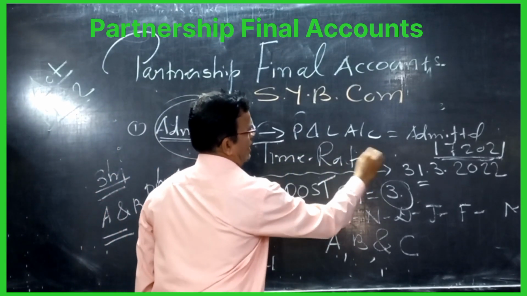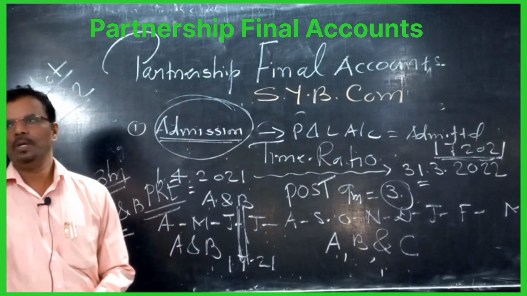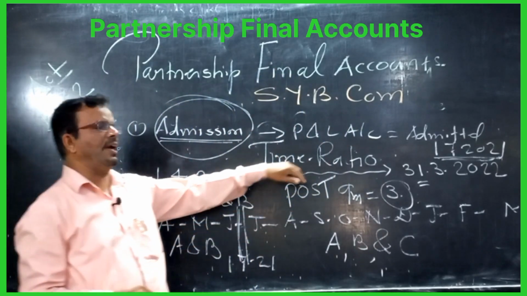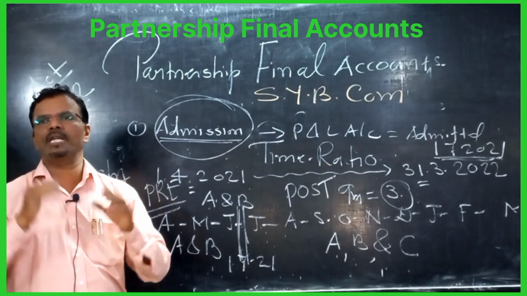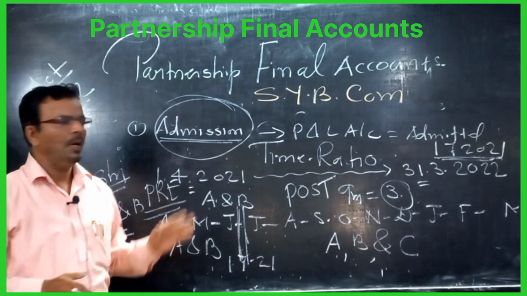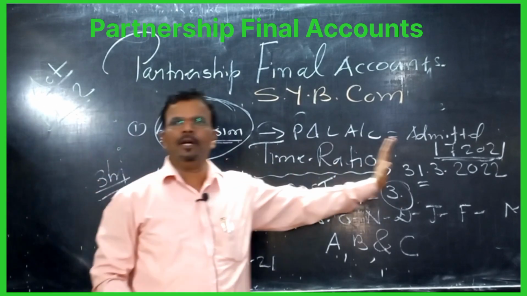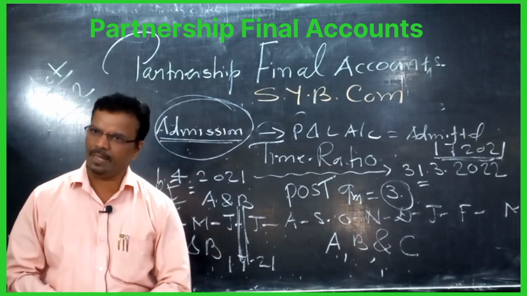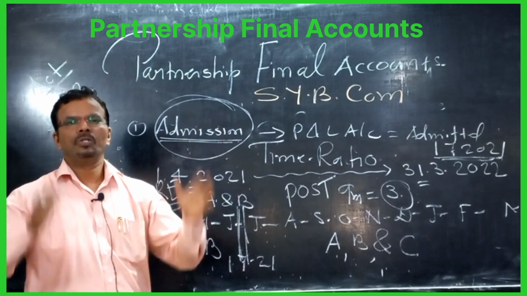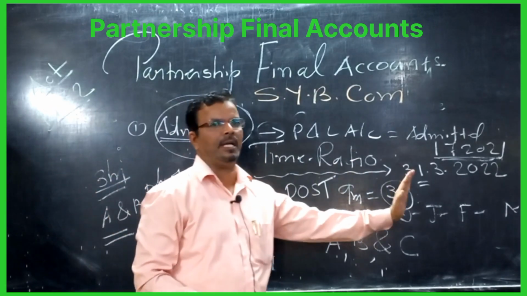So in each and every case we have to find out the time ratio, and this information is always given in the adjustments. The start of the year, end of the year, and date of admission of the partner are always given in the question.